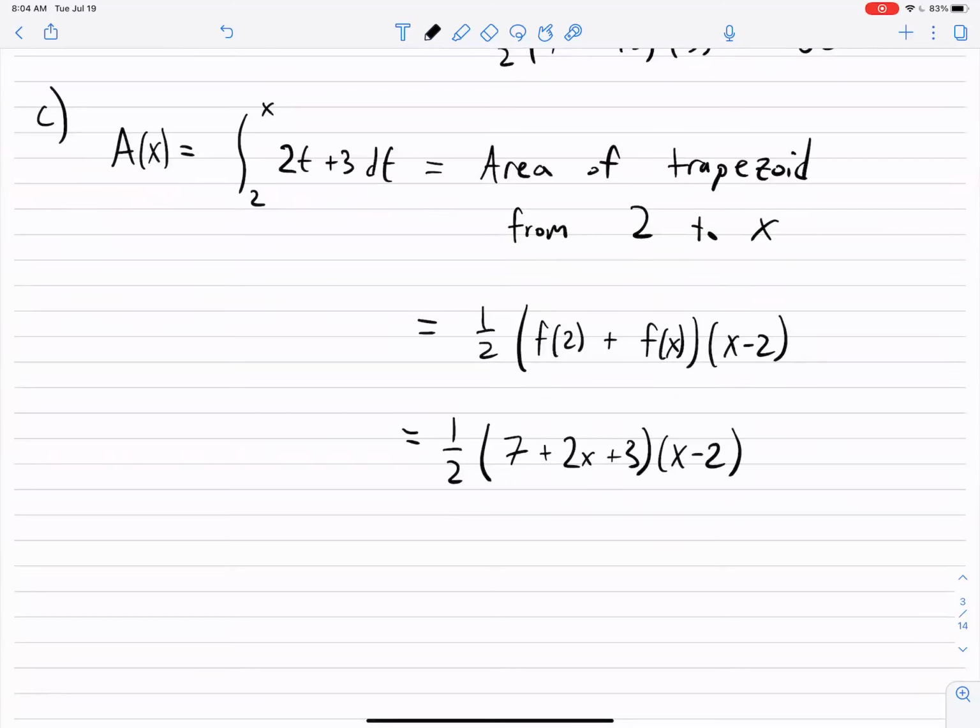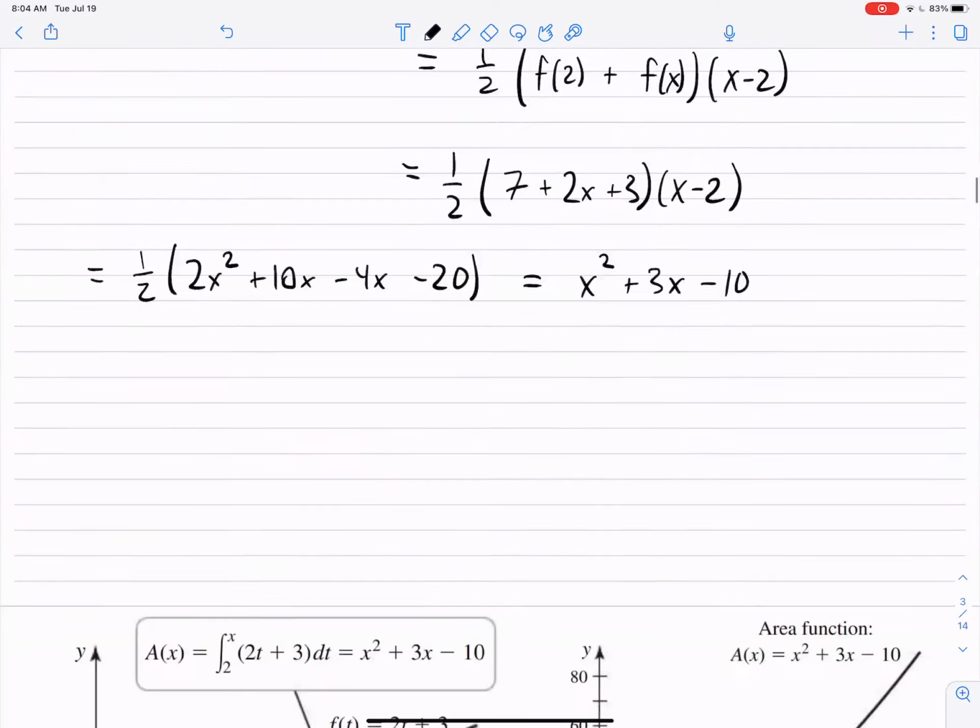If we FOIL and factor this all out, this is going to be 1/2 times 2x squared, plus 10x, and then 2x times negative 2 is negative 4x, and then minus 20. And so this is going to become x squared plus 3x minus 10.